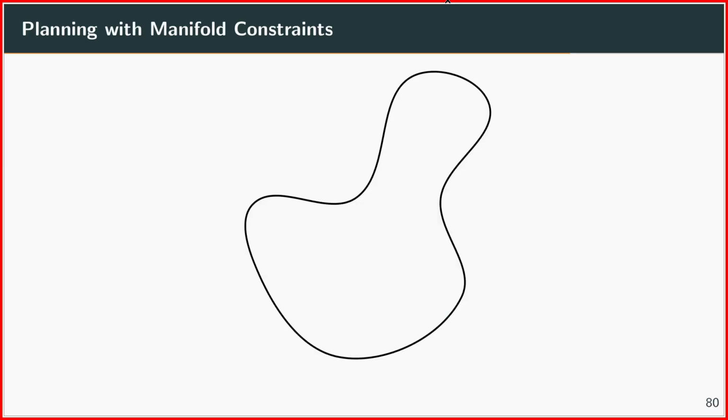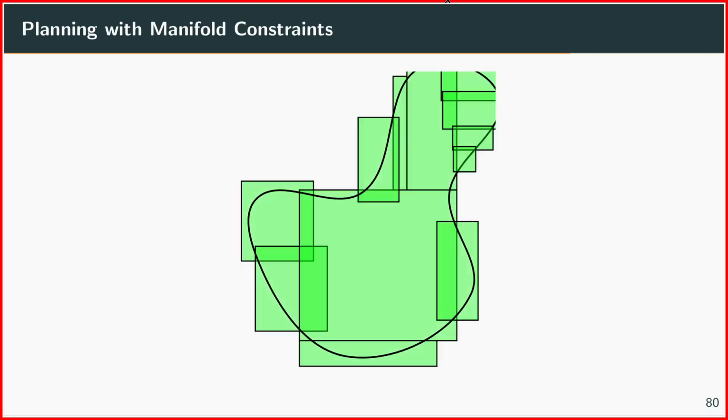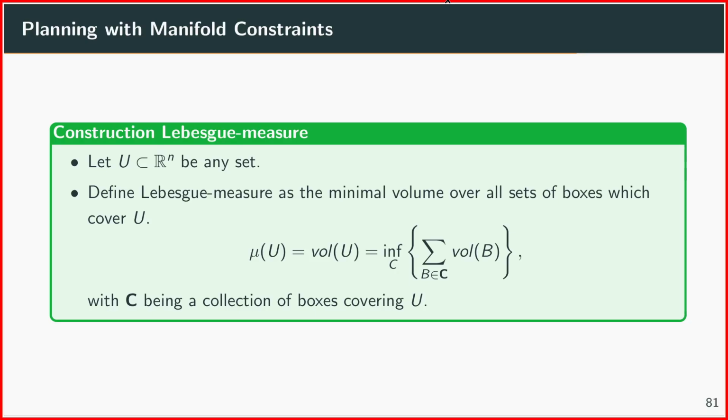And you can also do that for arbitrary sets. The way you do that is by covering this arbitrary set with boxes, and then you can compute the volume of those boxes and your set. The way the Lebesgue measure does that is by defining this as the minimal volume over all sets of boxes which you can apply to any set.